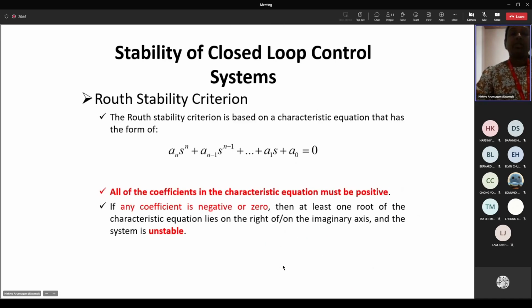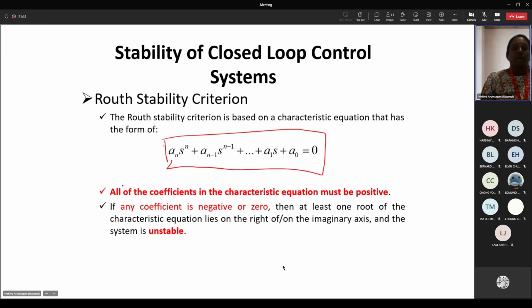Now, looking into the root stability criterion. Earlier we looked only into the general stability criterion, so now we have the root stability criterion. What is the root stability criterion? They have given a characteristic equation in this form instead of 1 plus GOL equals 0. So at this criterion, the characteristic equation will be equal to 0.